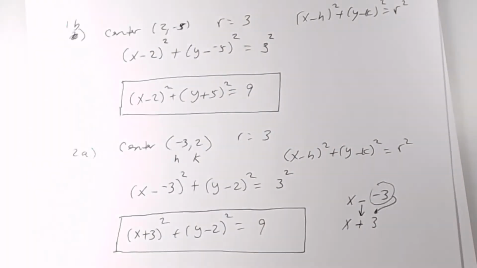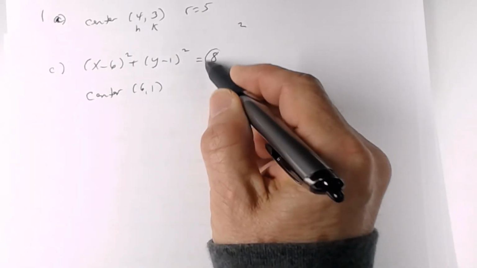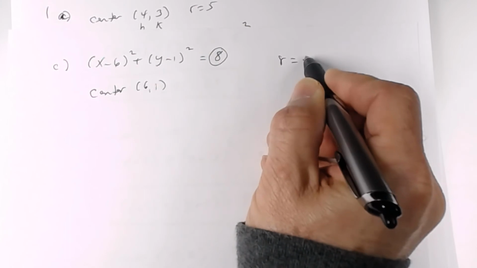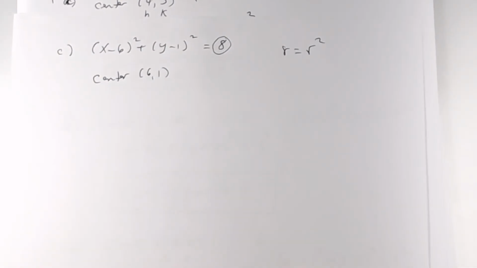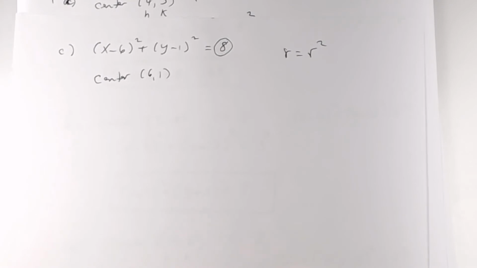So when I get to this one, that 8 is r squared, isn't it? Does that represent r squared? Yes. And so how do I get r by itself? Not square both sides. What's the opposite of squaring? Square root. Take the square root of both sides.